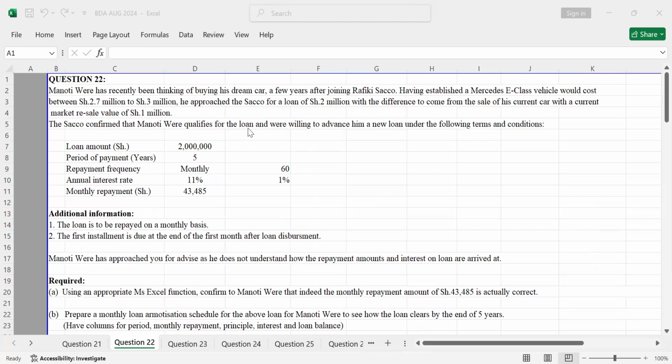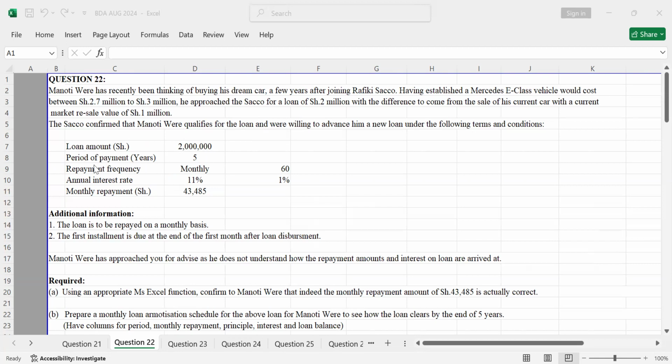The Sacco confirmed that Manoti Wele qualifies for the loan and were willing to advance him a new loan under the following terms.